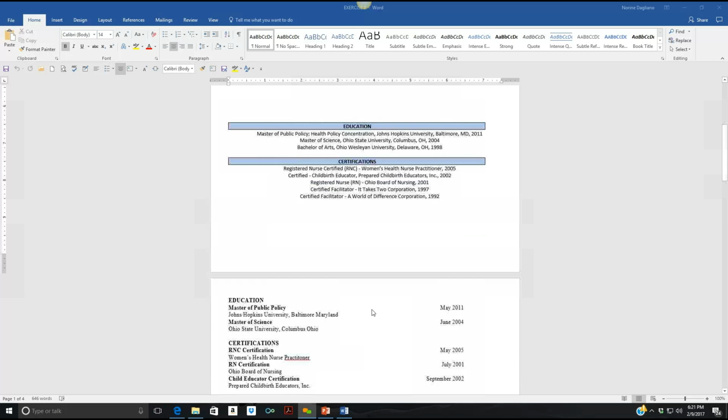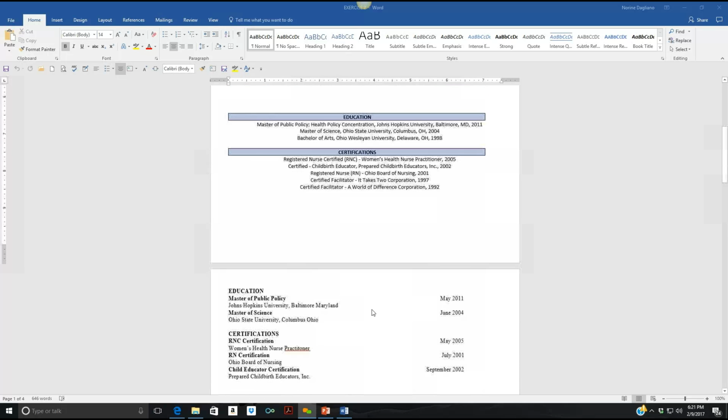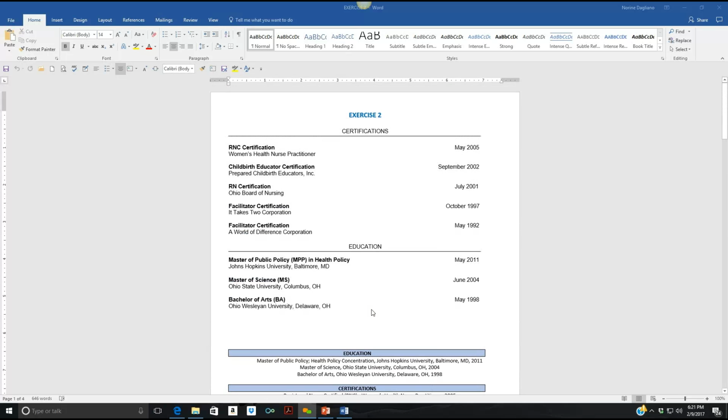The next one is laid out a lot like the first. The difference between these two is the first writer was giving the certifications higher ranking on the resume than the education. Remember the inverted pyramid, that we write with the most relevant information up high and we work our way down.